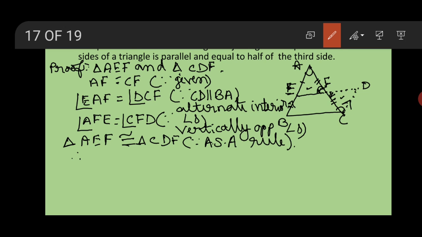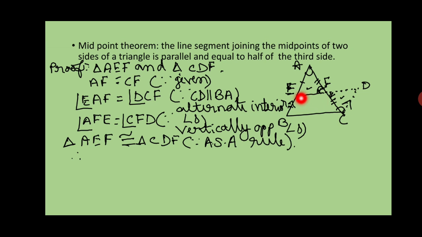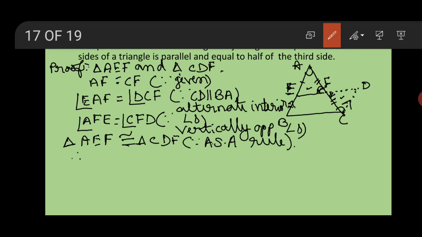Now, therefore, can you say these two sides are equal? Here EF is equal to FD. Yes. Why? Corresponding parts of the congruent triangles are equal. Therefore, EF is equal to FD or DF, and also AE. Can you say AE is equal to what?